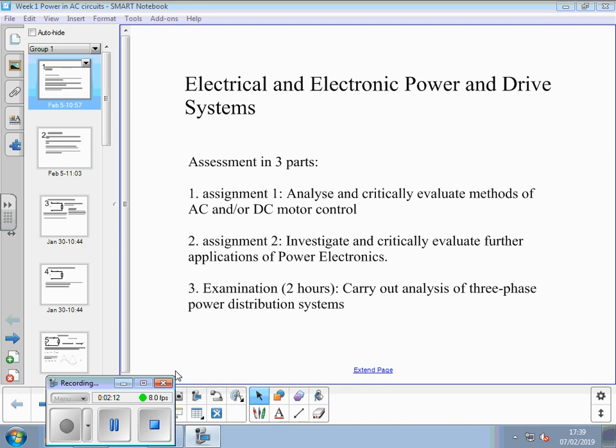And then the examination is all around the 3-phase power distribution systems and the analysis of them, transformer analysis and such. Now, there is a fair bit of maths and calculations in the examination for this module, and as we go through the weeks, they aren't particularly difficult.